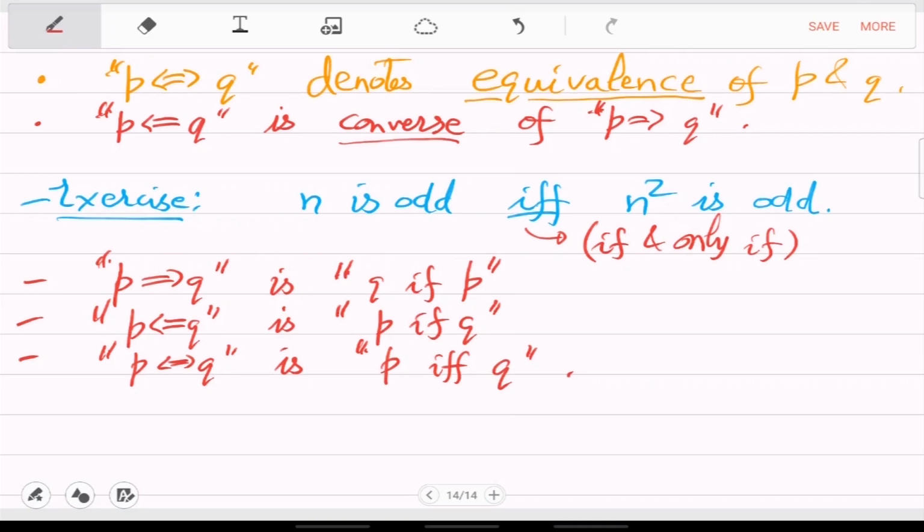Some people don't like this IFF. They force you to give the expansion, but here it will be fine. I should also say only if, right? So where is only if? Yeah, so this you can write as P only if Q.